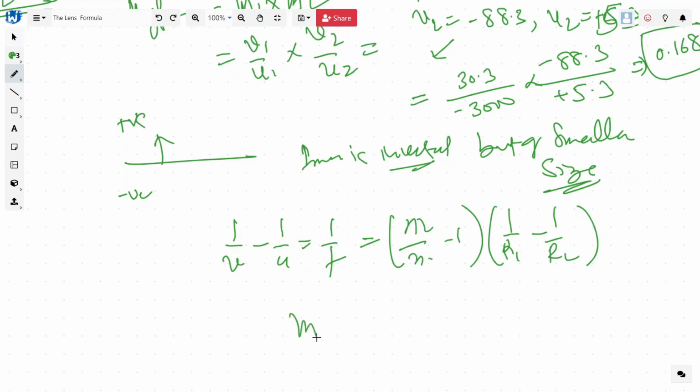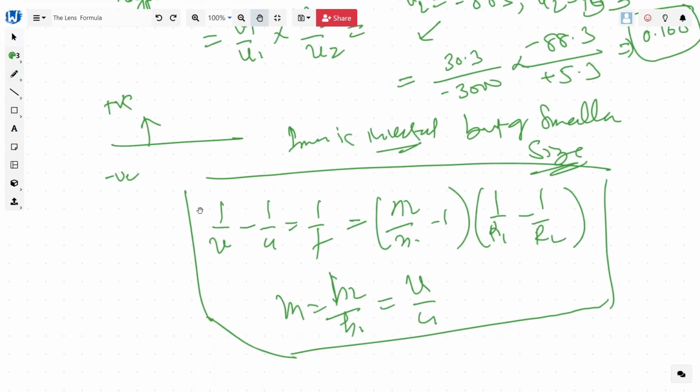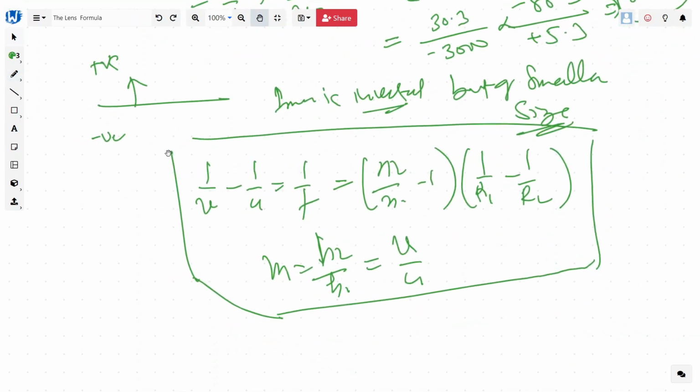Then the magnification is the height h2 by h1 is equal to v by u, and with this we can plug and play the numbers between this formula to find everything about the image or the object or the lens. So with this in the next video we'll have more examples of combination of lenses and mirrors, and that is what will matter because in the exams that combination is going to come. So this is a fundamental on which we are going to build.